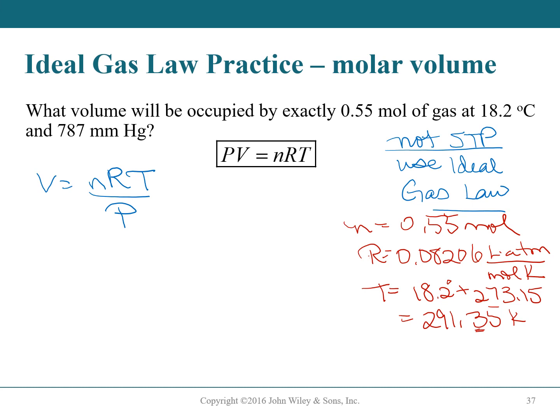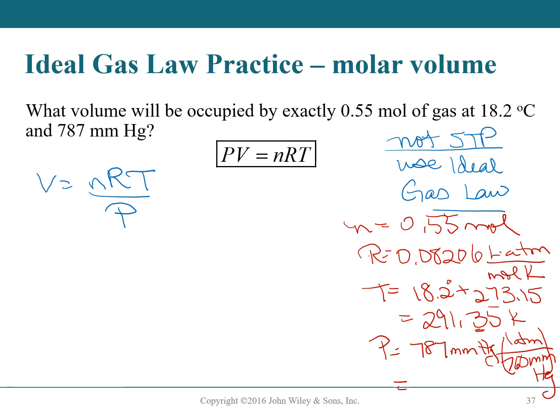And then P is in millimeters mercury, so we have to convert that to atmospheres. We use our conversion factor that 1 atmosphere is equal to 760 millimeters mercury.